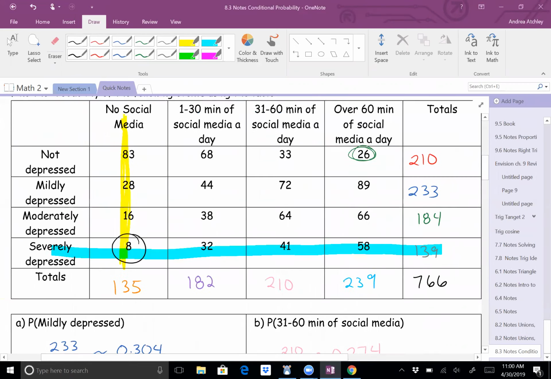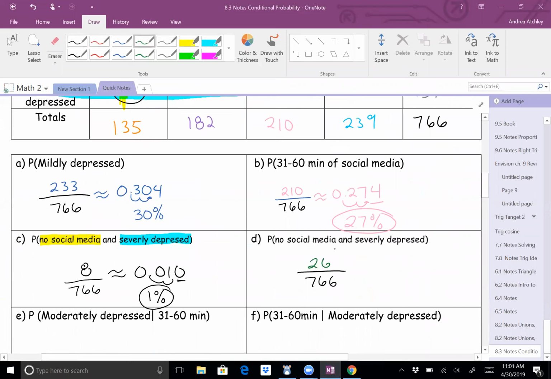So that's 26 people. And what percentage was that? 3%. Any questions on how I got that? Mine doesn't say the same thing that yours says, right?